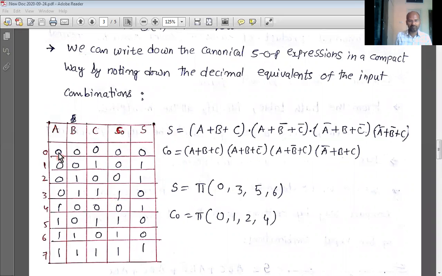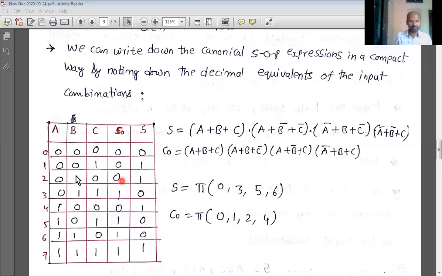A is taking 0, B is taking 0, C is taking 0, producing C 0. So A plus B plus C, into A plus B plus C bar, into, this is also an output term, a false maxterm.